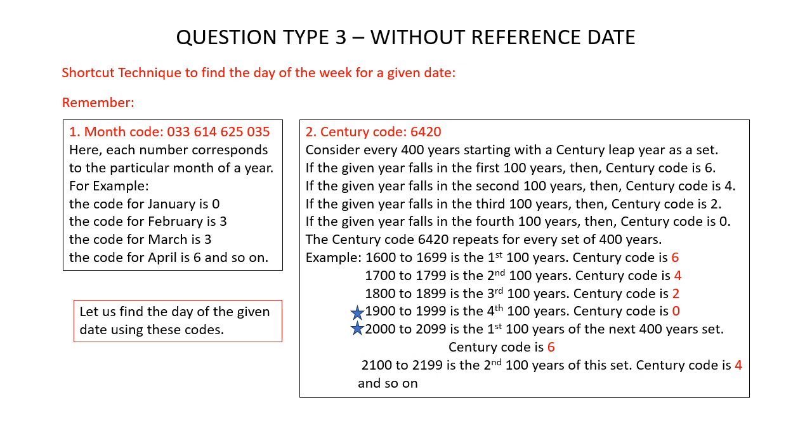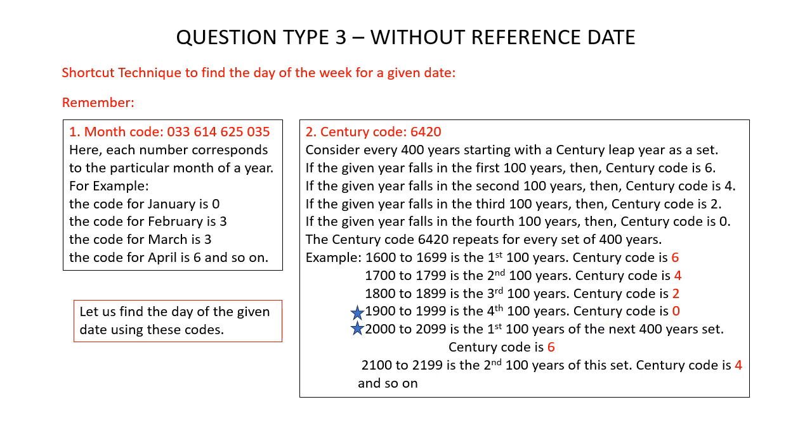The next 100 years is 1900 to 1999. So 1900 to 1999 is the fourth 100 years of the set. If any year falls between 1900 and 1999, then the century code is 0.